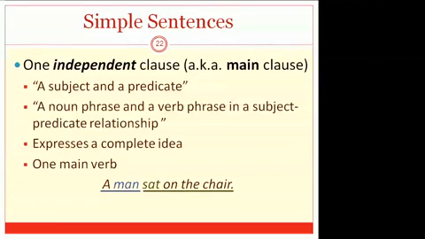Sat on the chair is a verb phrase. They are in a subject-predicate relationship. The complete production, a man sat on a chair, expresses one complete and full idea. There's only one main verb. This is an independent clause.